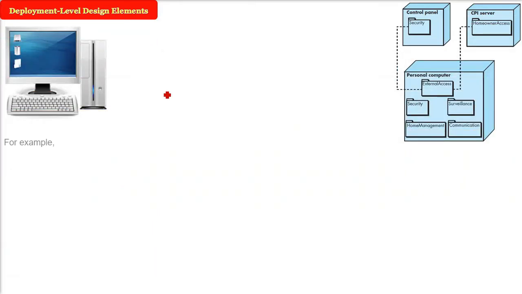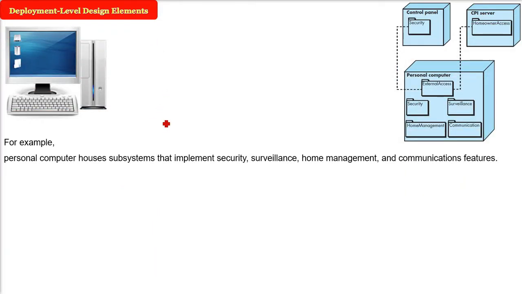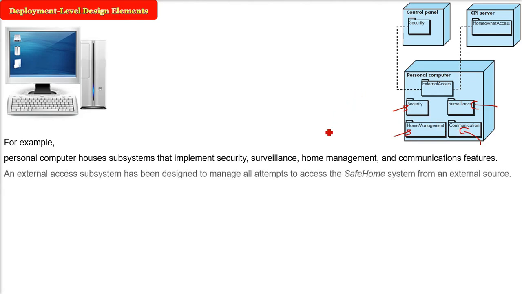For instance, say a personal computer has subsystems that implement security, surveillance, home management, and communication features, right? Now the external access subsystem which you see here has been designed to manage all attempts to access the SafeHome system from any external source, from the control panel, from the CPI server, or even from the mobile platform.